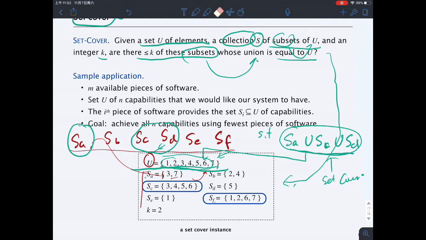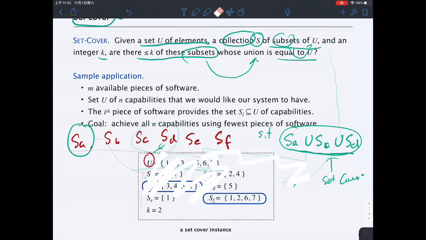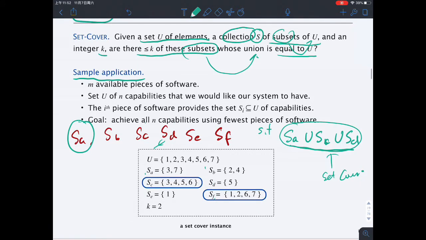Let's also be more concrete and give you an application scenario so that it becomes more comprehensible, right? This would be just a sample application.